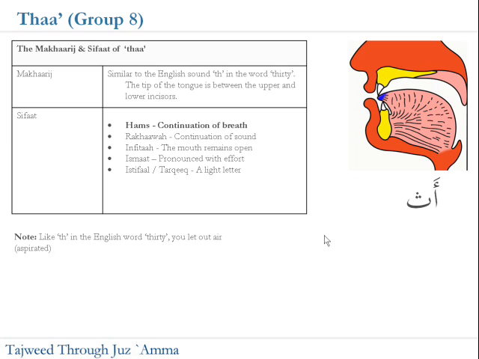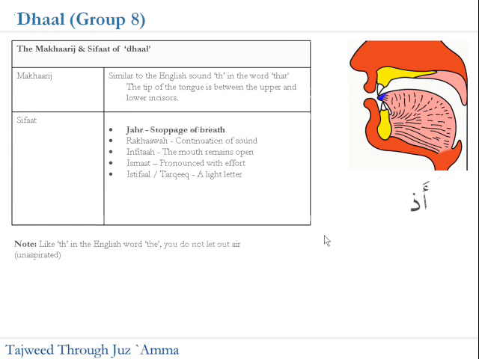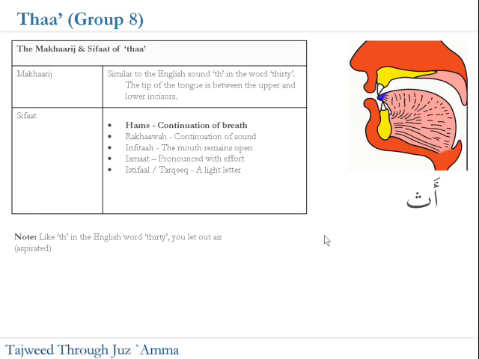Then we have the tha. Now this is done the same as the dha. Sorry, I'm just going to pop back to the dha. The dal is done with the tongue between the upper and lower incisors. Okay, sorry, I forgot to mention that. When we get to the tha, it's the same, except the tongue is slightly further out.